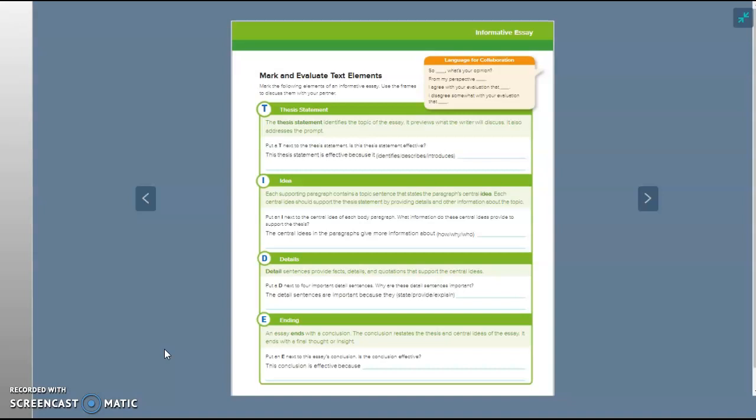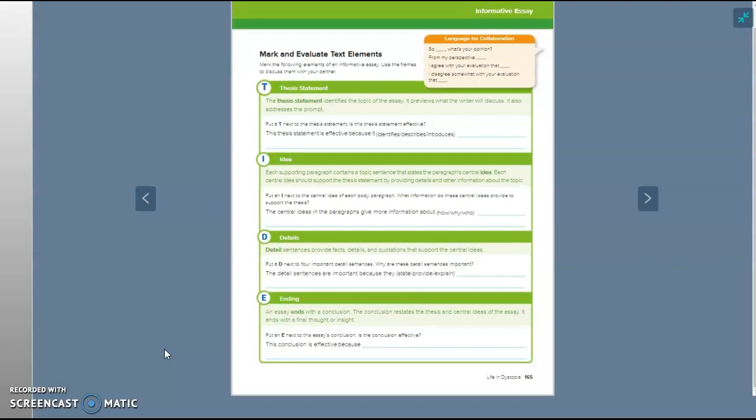Okay, so today we're focused on the second section of what we started yesterday, page 165. Throughout Read 180 class this whole year, anytime we analyze an essay of any sort, we've been using this TIDE method.